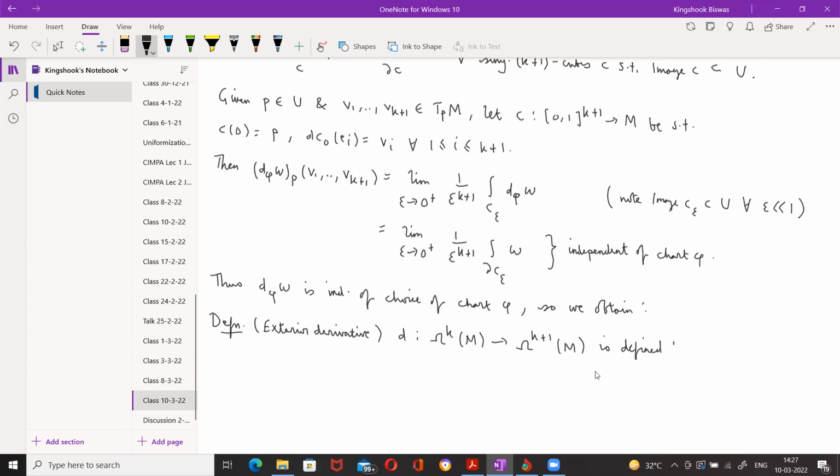So this is defined locally: if omega is equal to the summation over I bar of a_I bar dx I bar, then d omega is equal to the sum over I bar of d a_I bar wedge dx I bar.